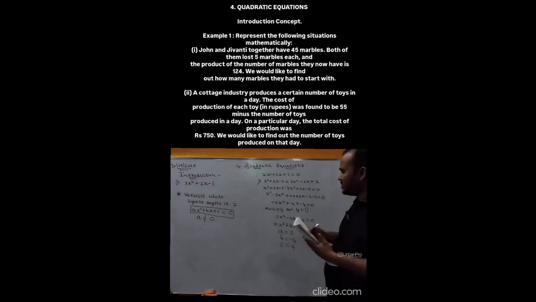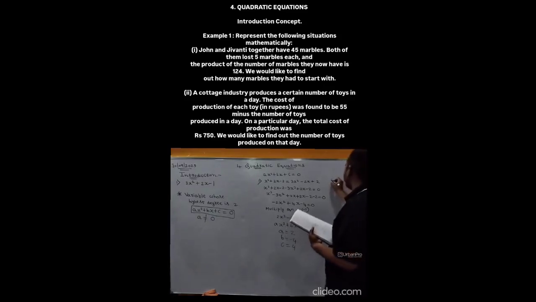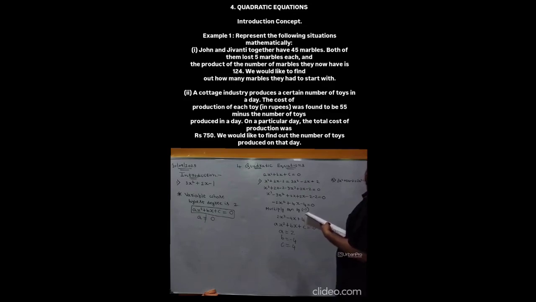Got it? Next, one more example. See this example. What they are telling me is 2x square plus 2x minus 2 is equal to 2x square plus 5x plus 4.